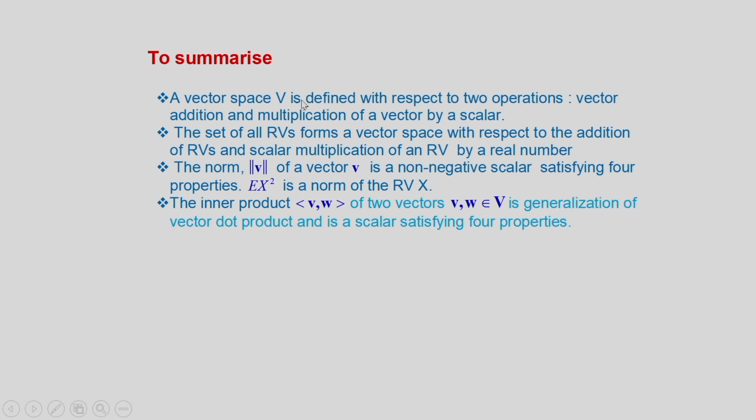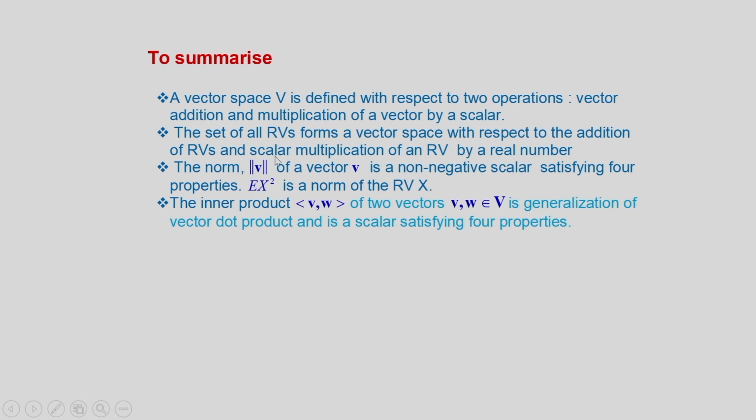A vector space V is defined with respect to two operations, vector addition and multiplication of a vector by a scalar, and those properties of vector addition and scalar multiplication must be satisfied. The set of all random variables forms a vector space with respect to the addition of random variables and scalar multiplication of a random variable by a real number.